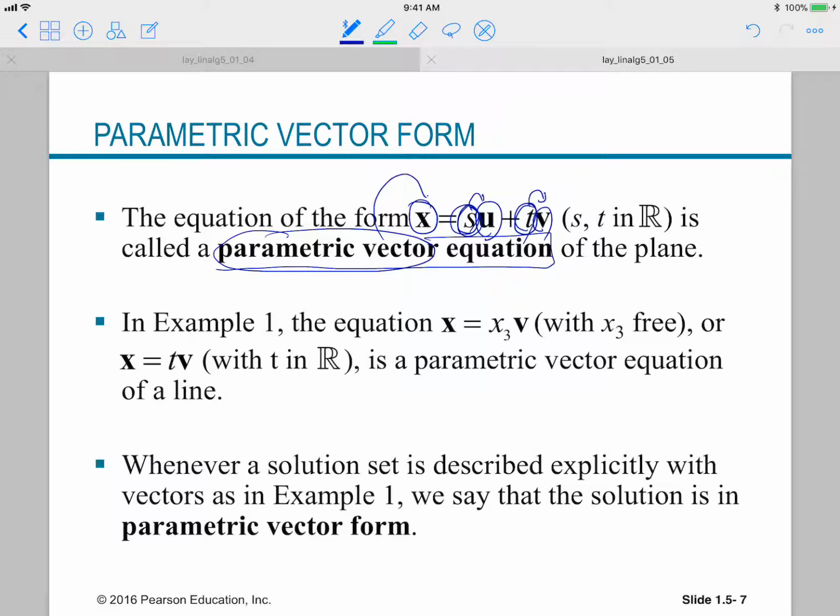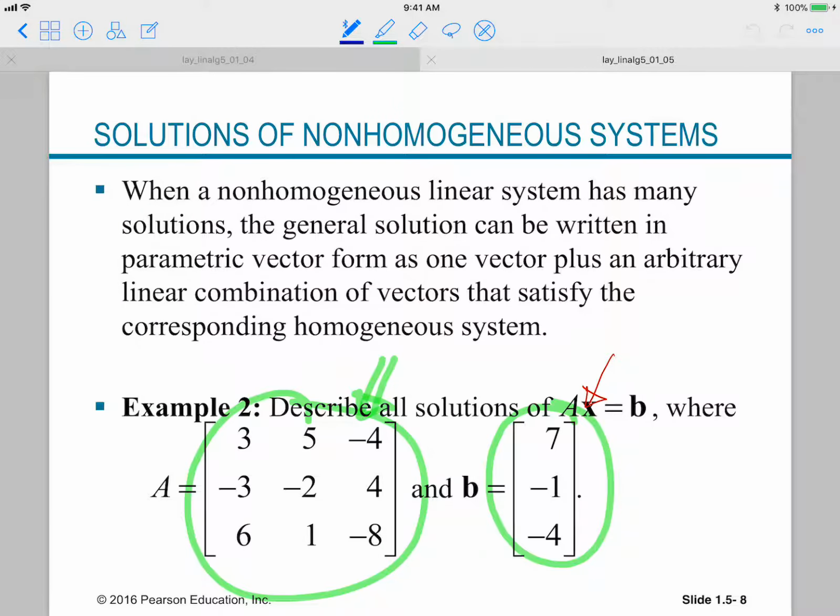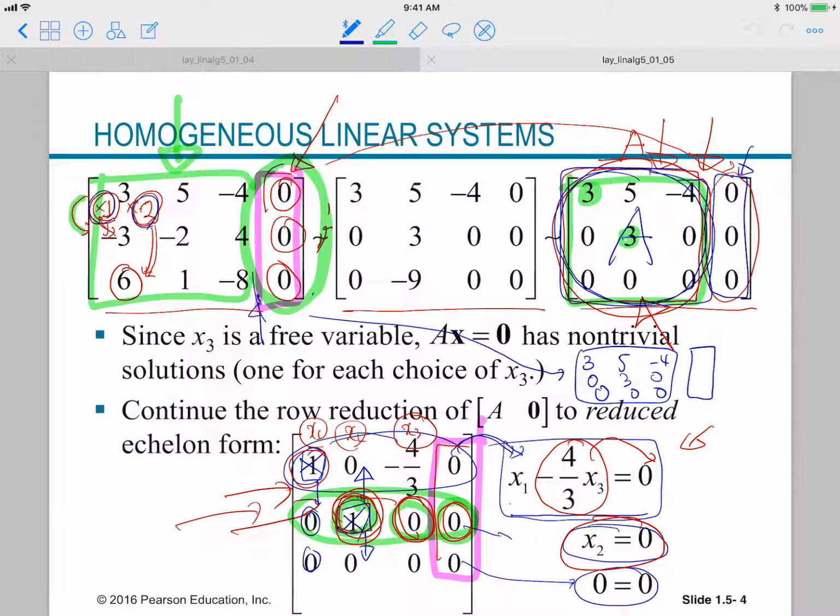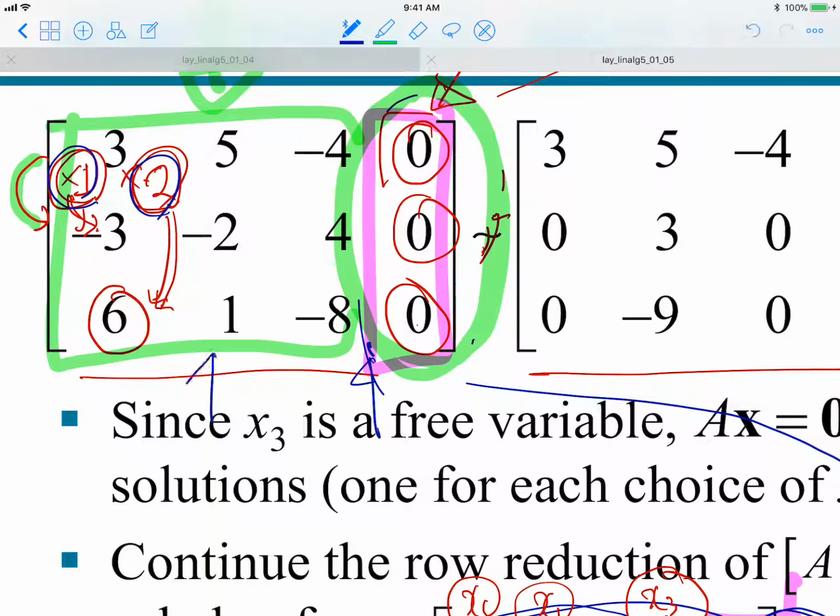You'll be able to see this by looking at some other examples as well. But let's just focus on this original example where we had this coefficient part and zero part. So this was what we call a homogeneous linear system.